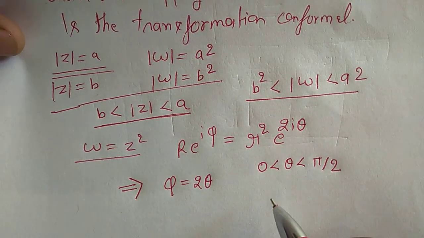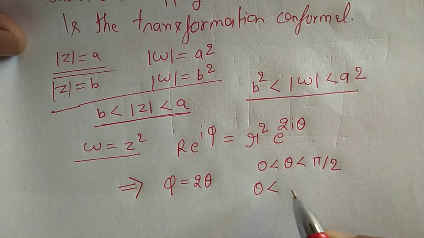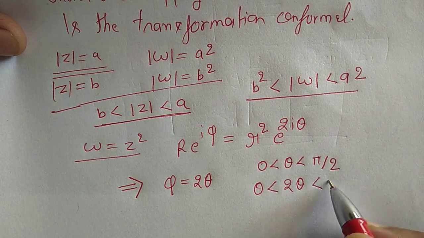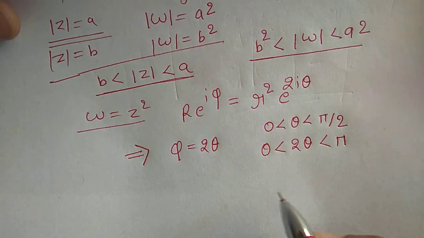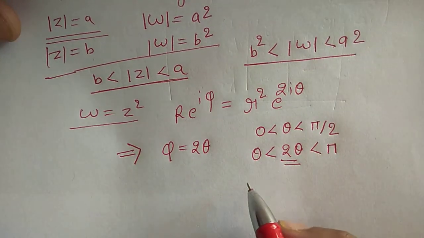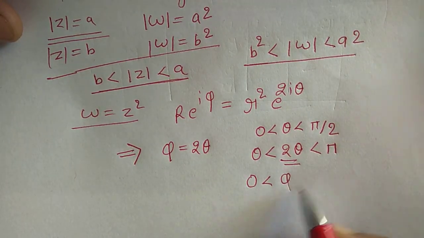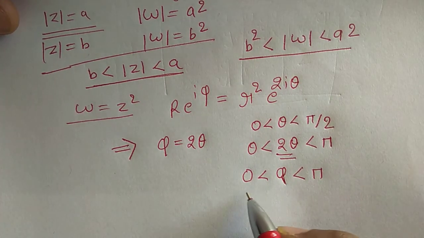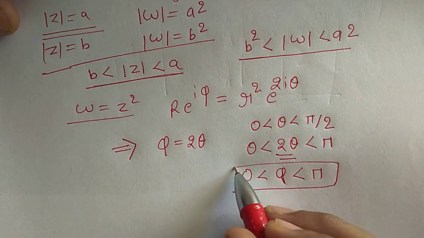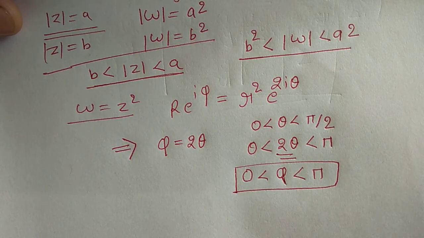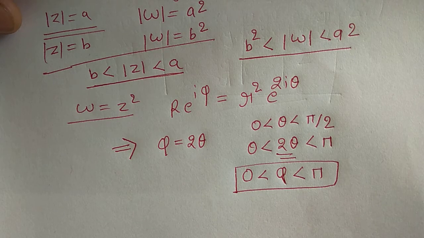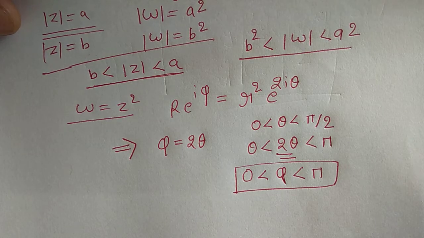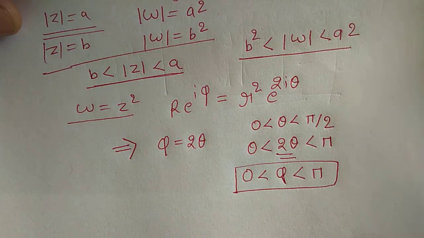If you multiply by 2, 0 less than 2 theta less than pi, so this 2 theta is phi now, so phi is 0 to pi. It means your image curve will be in the upper half plane, above the real axis.